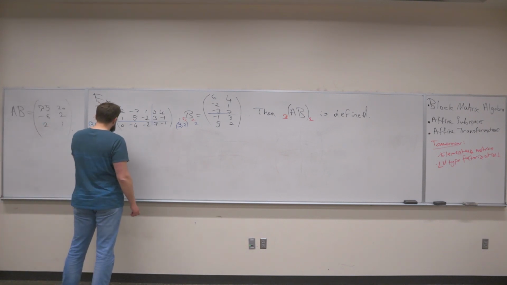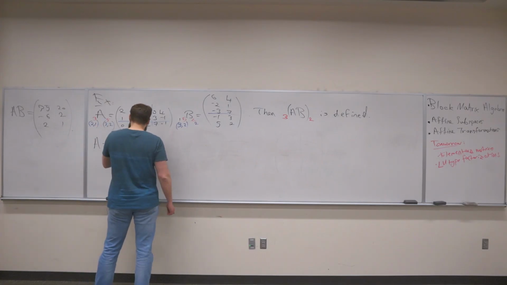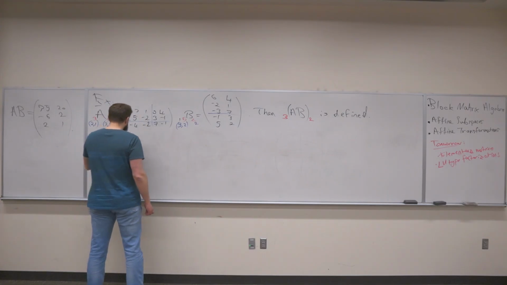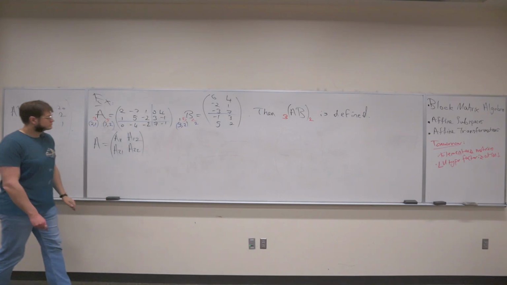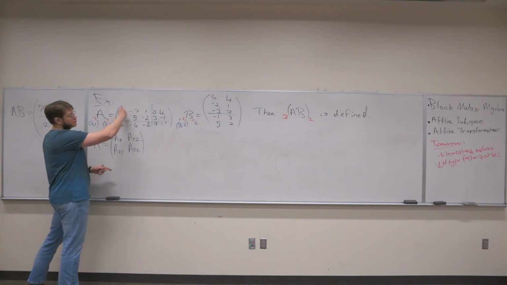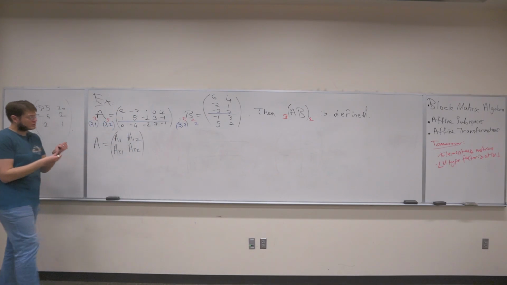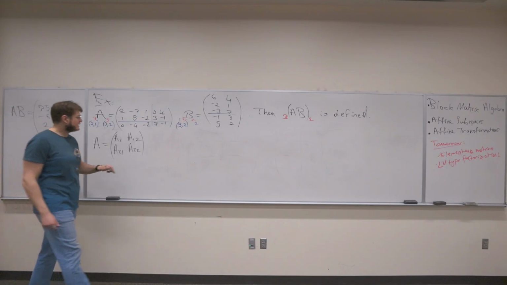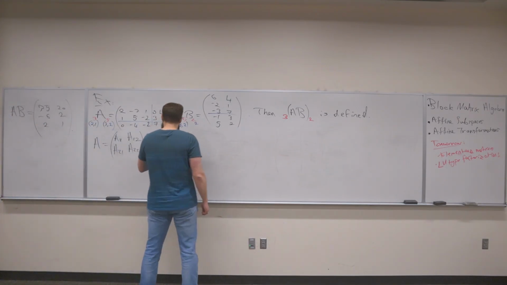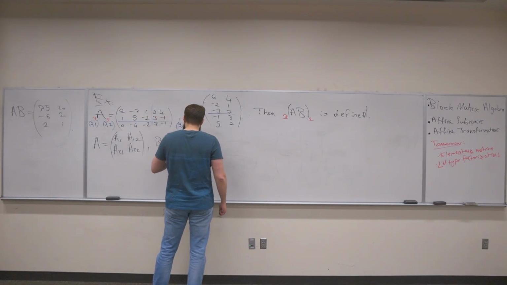A equals A11, A12, A21, A22. Here, for instance, A11 corresponds to this 2 by 3, and so on. And you get to write B equals B11, B21.